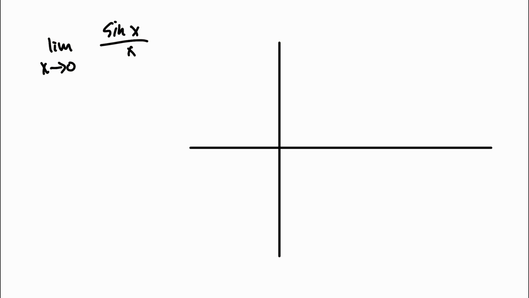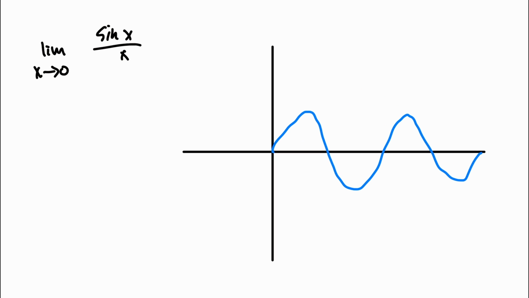The sine graph looks somewhat like this, and if x approaches 0, we want to find the y value over x, which is basically the slope as this approaches 0.